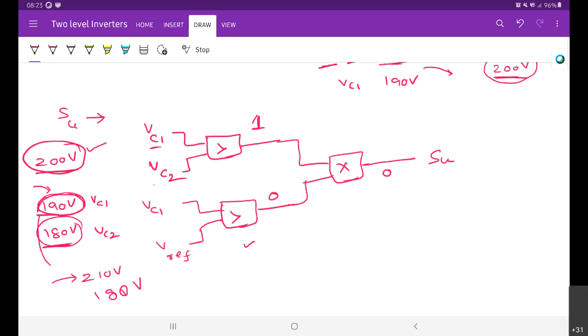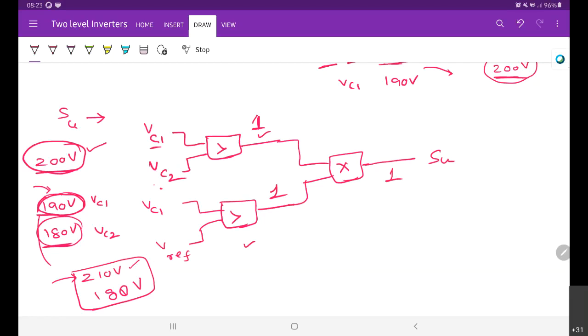Only when both are met do we turn on. In the second case, VC1 is greater than the reference, so you get 1 here, and the switch is now on.